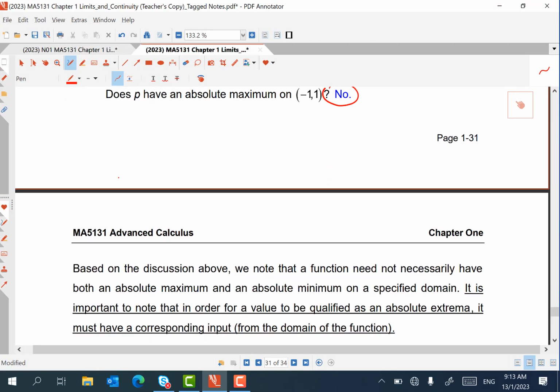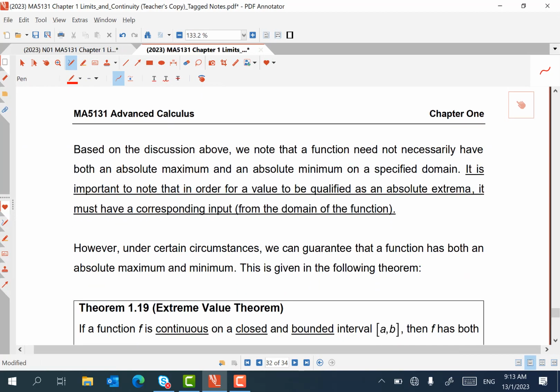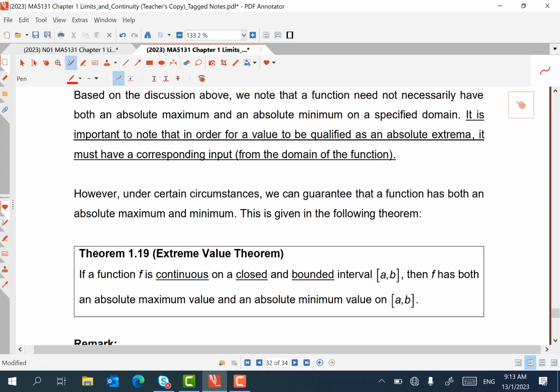Okay, let's press on to this theorem. Now, this theorem dictates that if a function is continuous on a closed bounded interval, it is important that it must be bounded, you know. Must be a closed bounded interval.